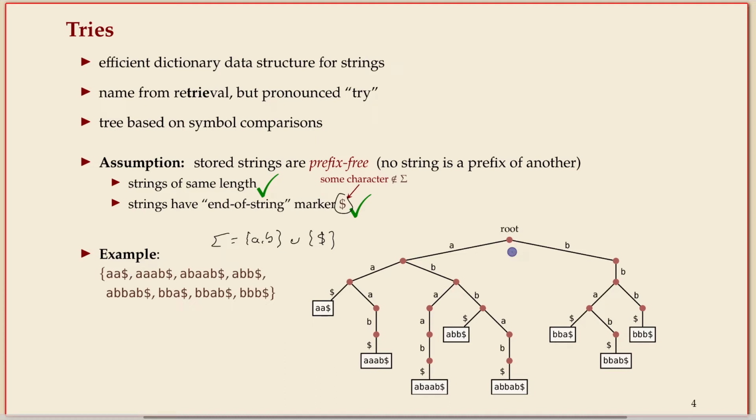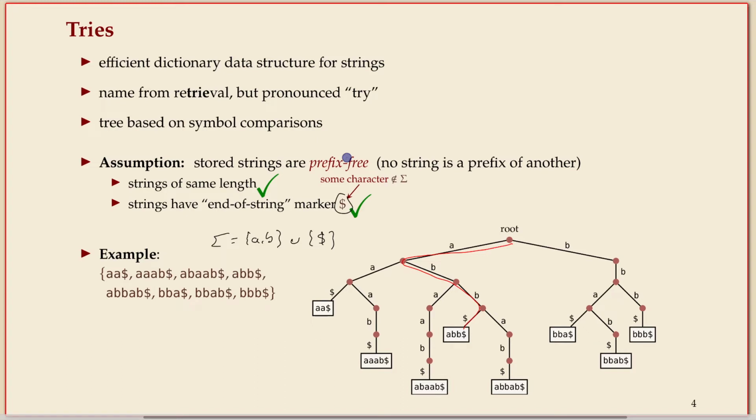Right, so okay, we have nodes and we have edges with labels. And what's the deal with the labels? If you follow down some path in this tree, let me mark it maybe, then you arrive at some leaf, and if you read aloud the letters A, B, B, dollar, you get the string that's stored at this leaf. The fact that we assume this prefix freeness means we always end in a leaf.